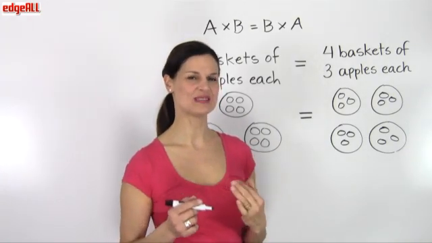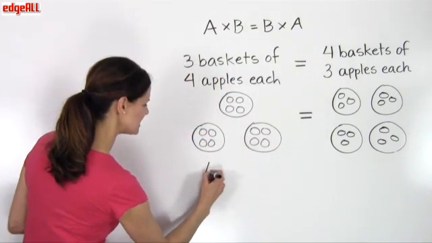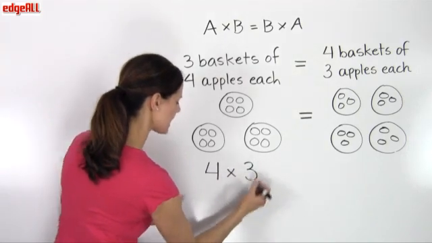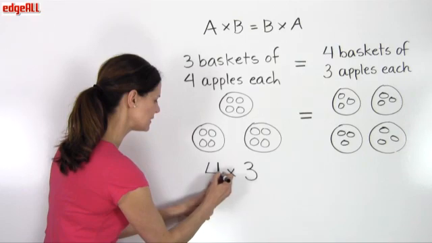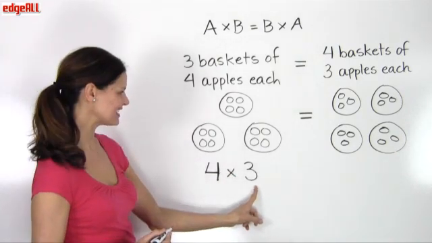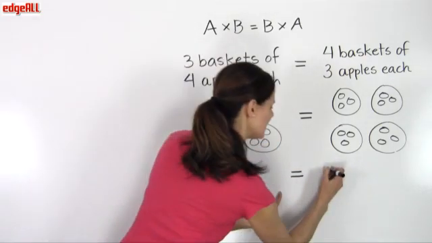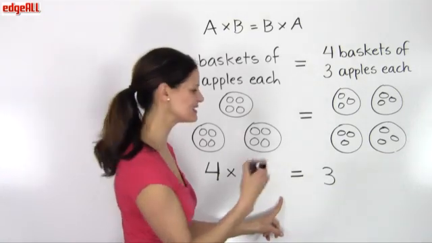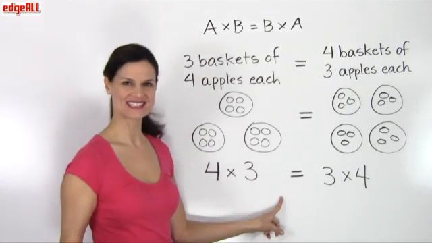Looking at this using multiplication, I would say in this case that this is 4 times 3 because I have 4 apples in 3 groups or 3 baskets. And that is equal to, in this case, I would say I have 3 apples per basket, so 3 times 4 groups.